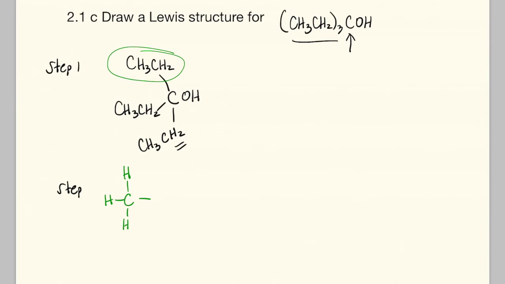And a CH2 is an equally common group or subgroup in organic chemistry. And that's going to be bonded to a carbon atom, the carbon atom here, all right? Now that's going to be bonded to another CH3CH2 group, okay?